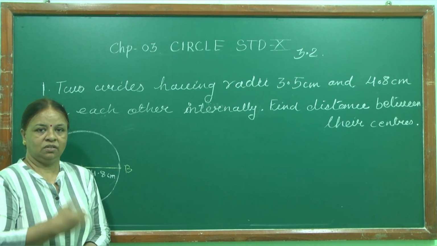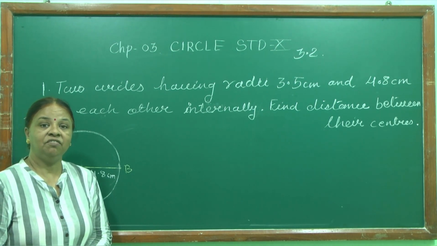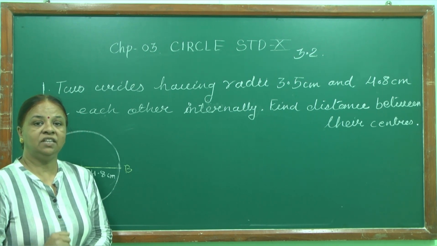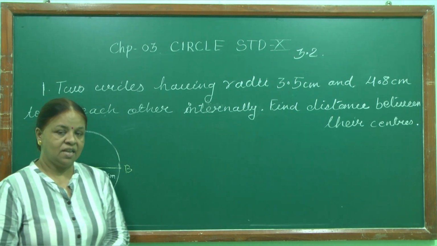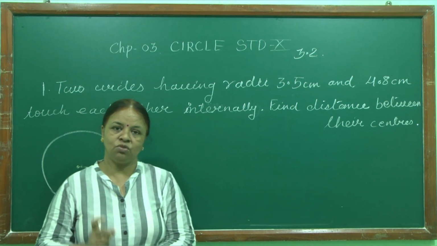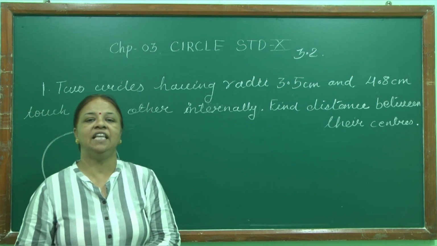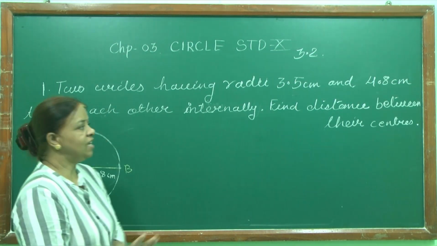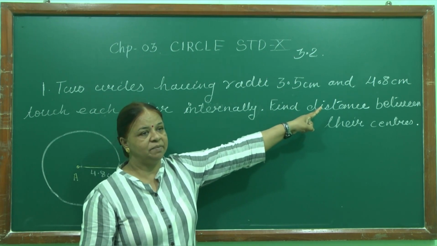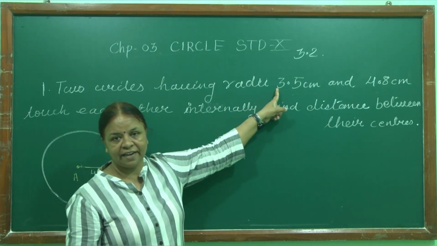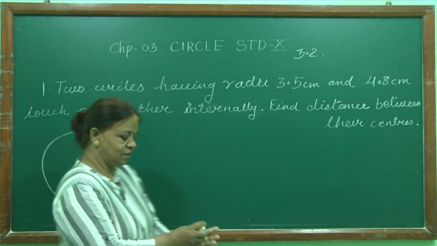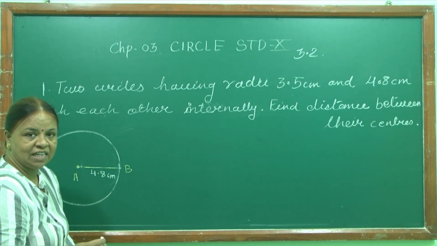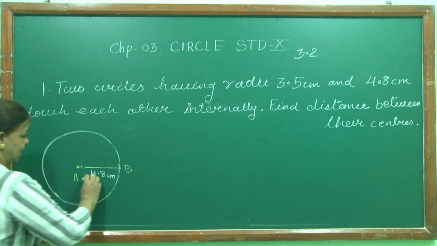Now before this I have discussed, if the circles touch internally each other, the distance between their centers would be the difference between their radii. Now here the bigger circle radius is 4.8 centimeter and the smaller circle radius is 3.5 centimeter. Now first let me draw the figure. I like to draw the figure and explain. That gives you better understanding.